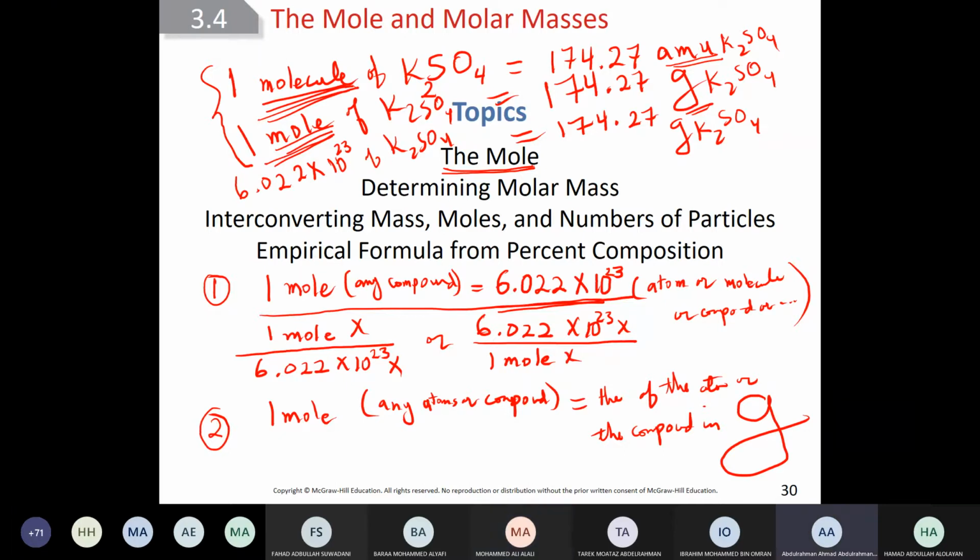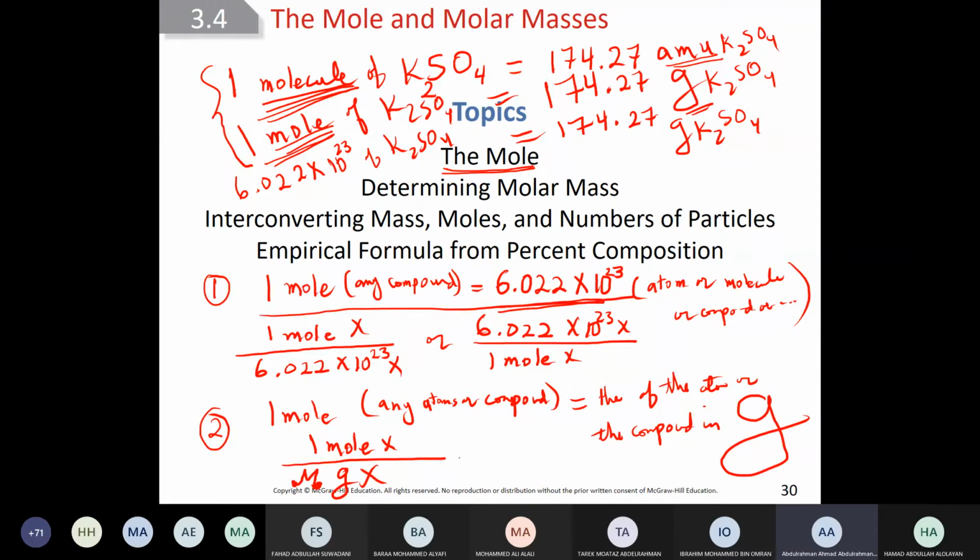Also, if I have 1 mole of any atom or a compound, then 1 mole of X is equal to what? Avogadro number of that, I already did that. Now, what's this letter? Molar mass, but now I'll put gram of X. Clear?